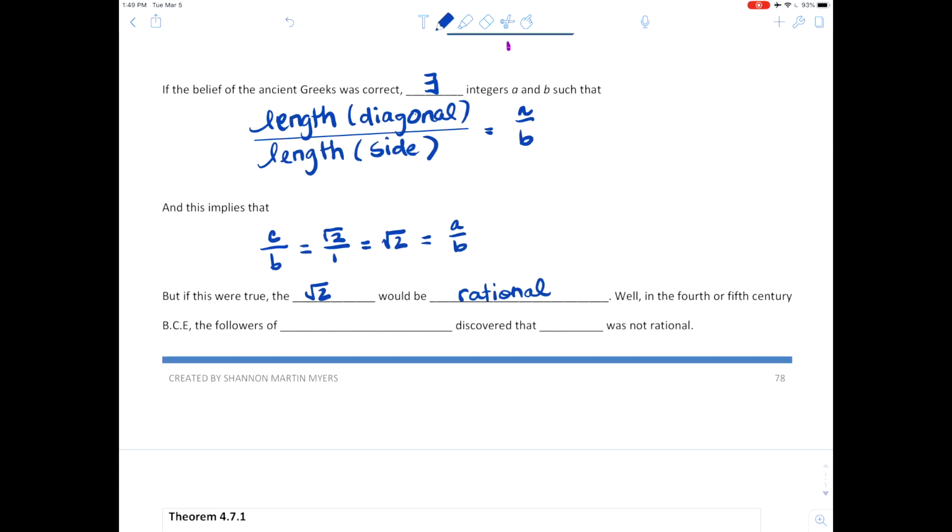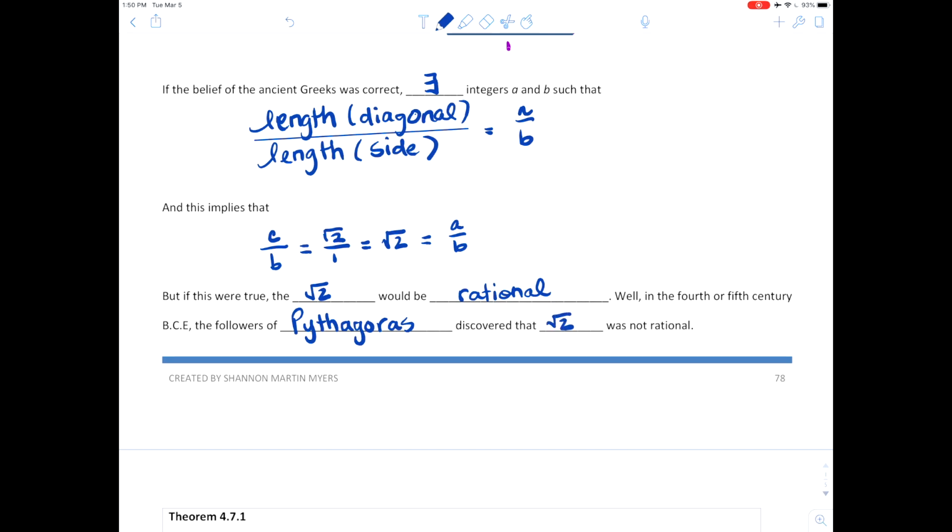Well, in the 4th or 5th century BCE, the followers of Pythagoras, it was kind of like a cult, a religious sect almost, discovered that the square root of 2 was not rational.